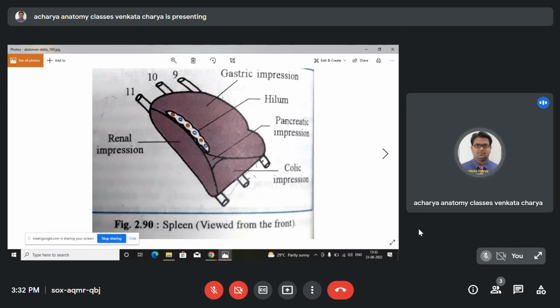Upper surface is related with the stomach and there is an impression called gastric impression. In the lower surface there is an impression called renal impression.